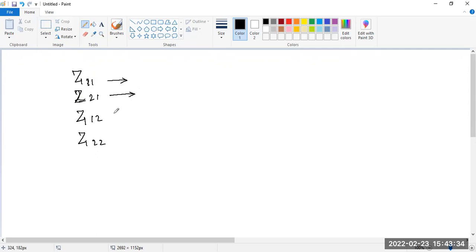Everything has the exact name. Just remember, Z11 is called open circuit input impedance.